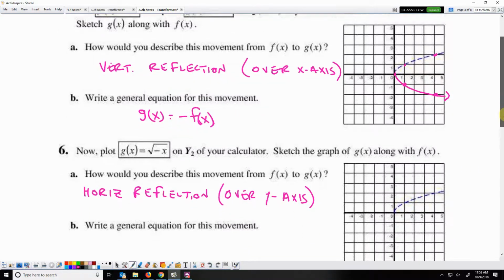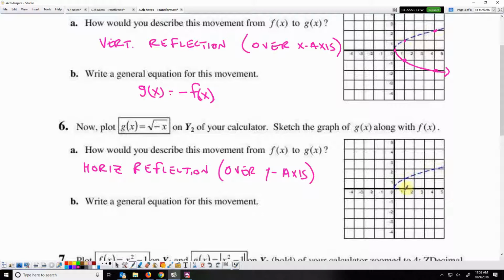So when we reflect that over the y-axis, all of these coordinates are going to flip this way. So it's going to look like this. A general equation for that is g of x equals, and since this negative is inside, it's going to be f of the opposite of x.